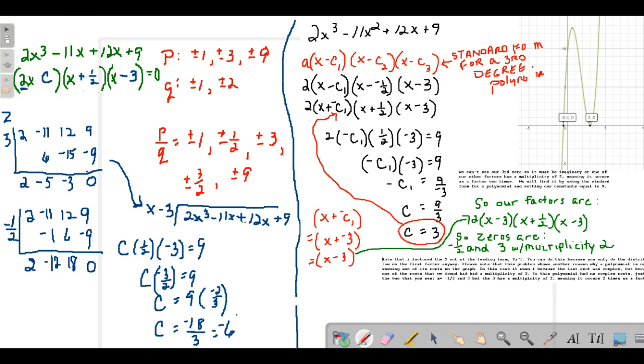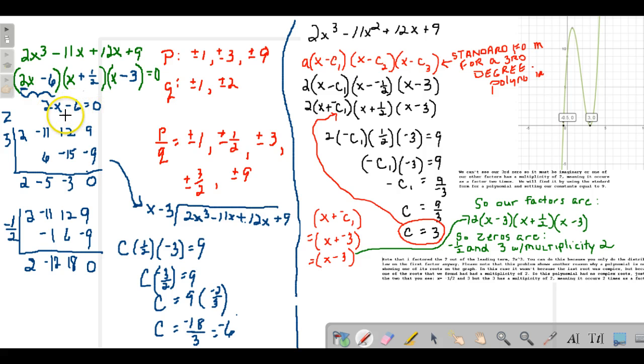And so if we were to just go ahead then and put that in there, it's a negative 6, we could even see that these three factors are going to give us a 9. Mind you, this is C. This isn't the 0 or the number that's associated with the 0, because we have to set this whole thing equal to 0 to find out what the 0 is.